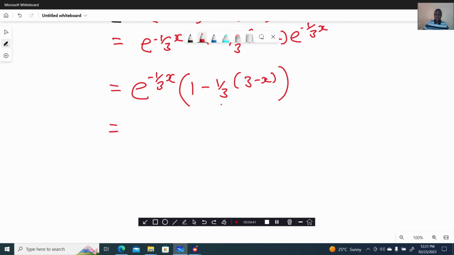If you work this out on your calculator, you're going to have e to the power of negative 1 over 3 x into bracket: 1 minus 1, a third of 3 is 1, and then plus 1 over 3 x. So what are you going to have as your answer?